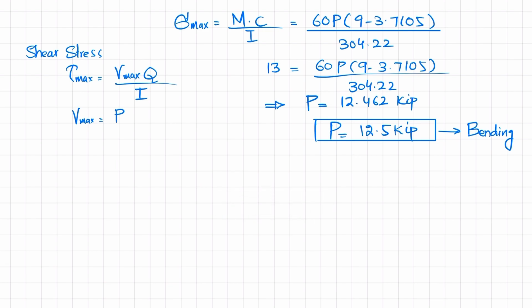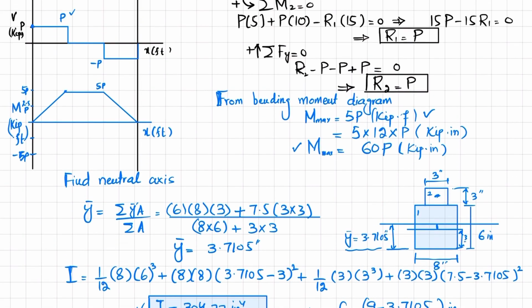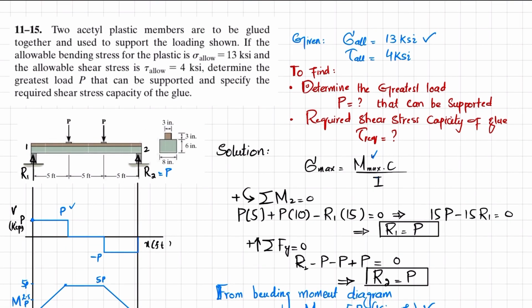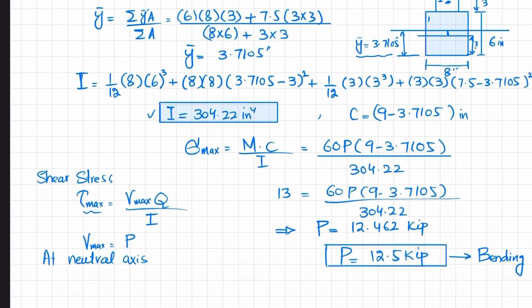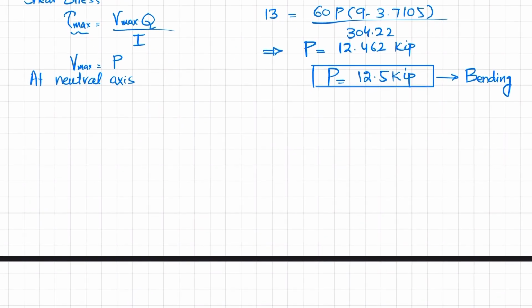So we will find Q. We know that at the neutral axis we have the maximum shear stress, and the maximum shearing stress is given as 4 ksi. So we will put 4 is equal to P.